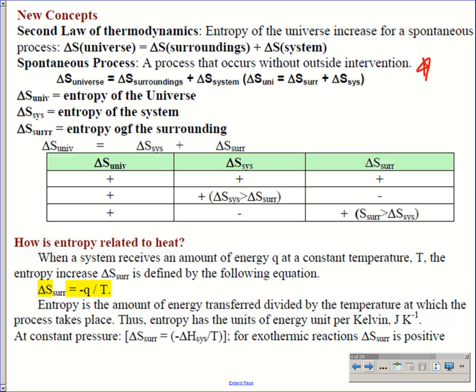Write that down too. And this is all in chapter 16 in your book too, just FYI.